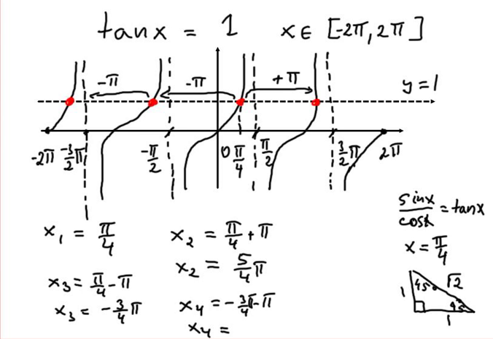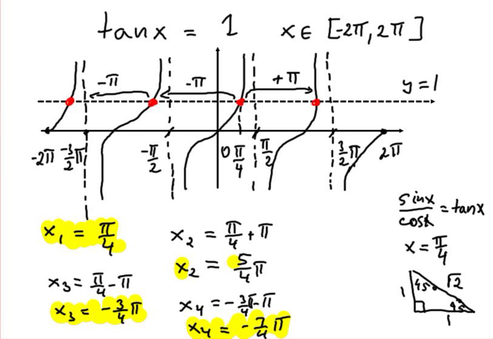So negative 3 minus 4, negative 7 over 4 pi. So now we have established 4 roots.